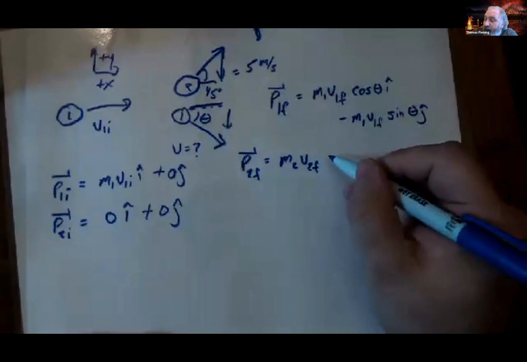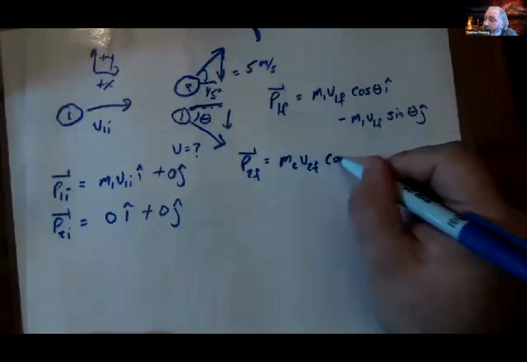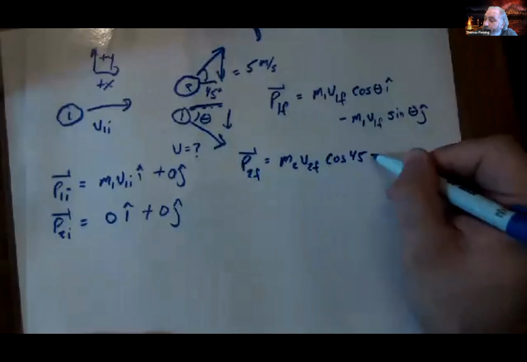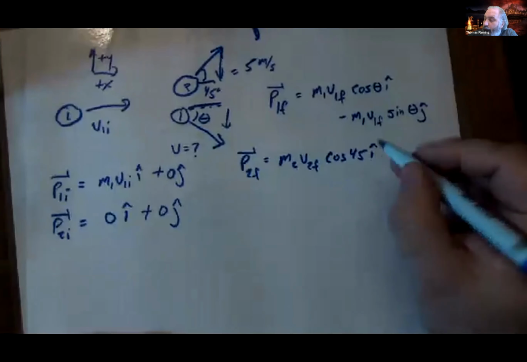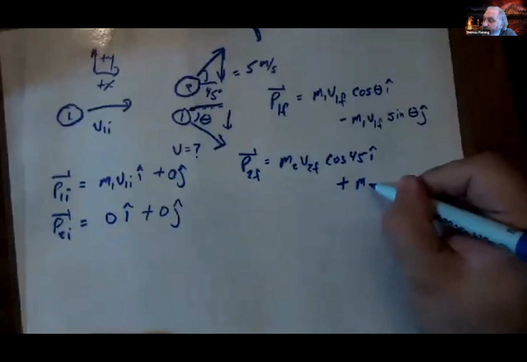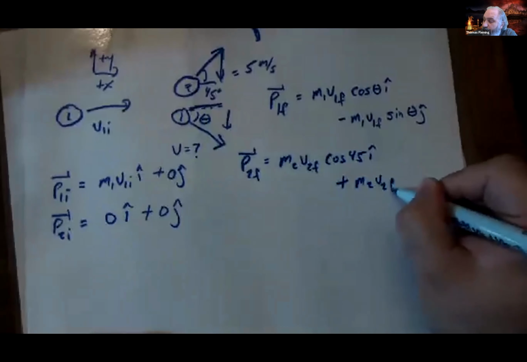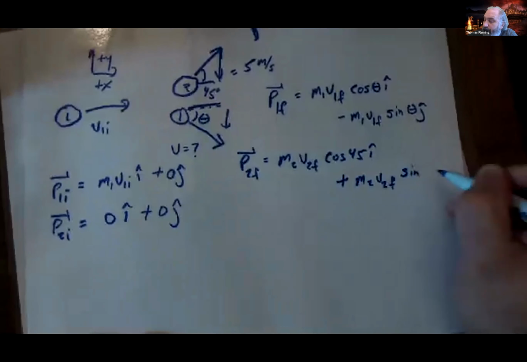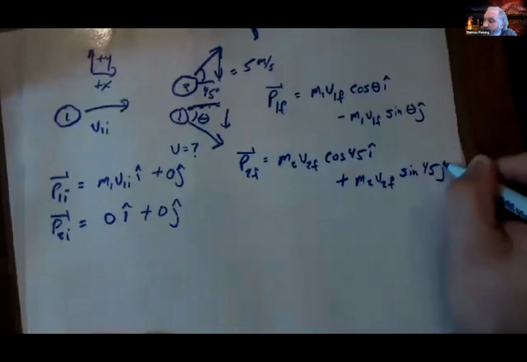That'll be times the cosine of 45 for the i hat part. And for the j hat part, it's upward, so it's plus m2 v2 final times the sine of 45.